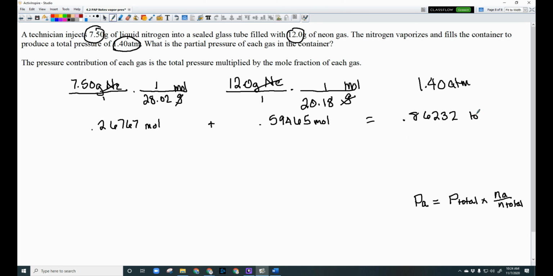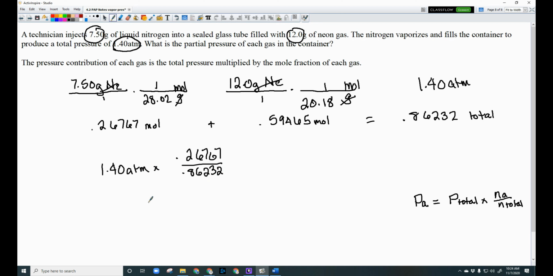All right, so now to get the pressure of each gas, we're going to take the total pressure, which is 1.4 atmospheres, times the mole fraction. So we're going to do nitrogen first, so 0.26767 divided by 0.86232.